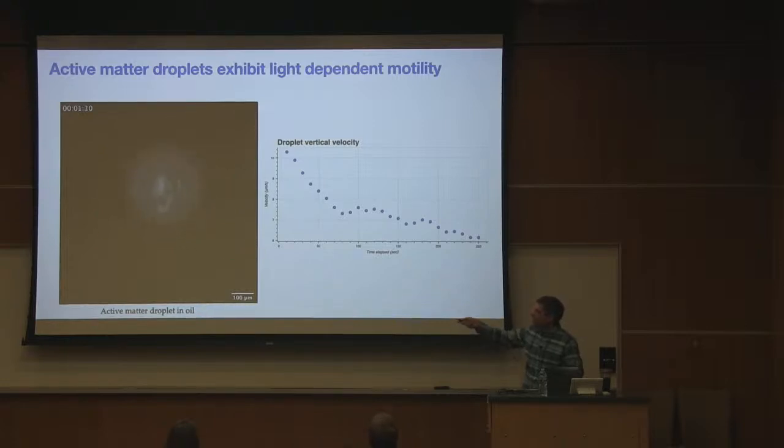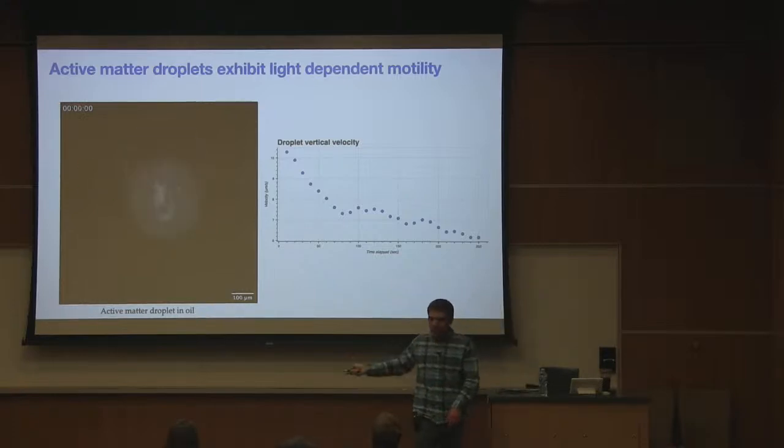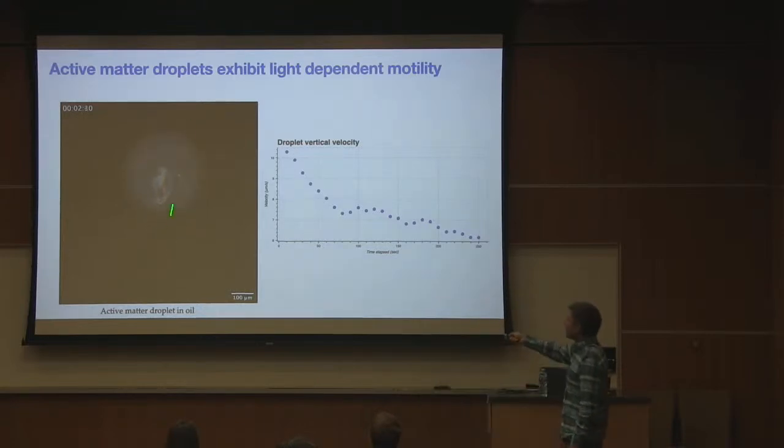Then we shine a light on it, and we observe that the droplet generates internal flows and spontaneously starts to move. And it moves pretty fast. Light excitation causes this droplet to move at about 10 microns per second, which is not a bad speed given the speed that cells move.